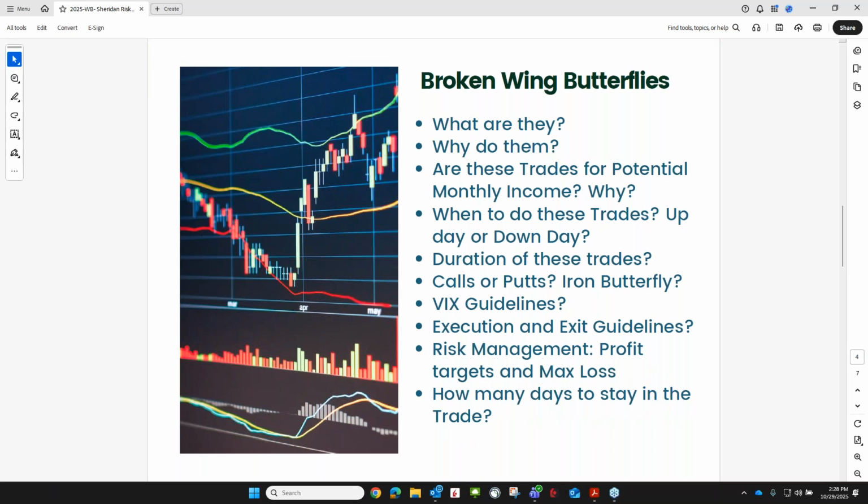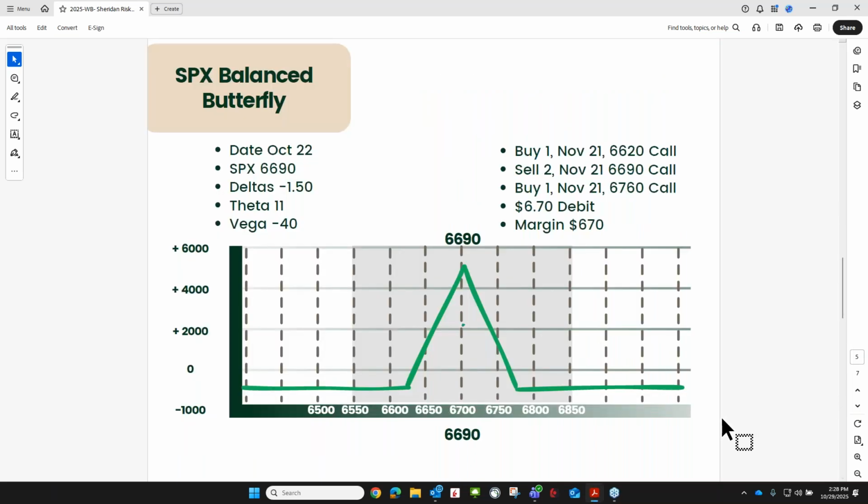One other thing: in the example we had today on the balanced butterfly, the distance from the short to each of the longs is 70. If you're a beginner trader, instead of 70 wide, make the distance from your short to your longs 40 or 50 wide. Why, Dan?